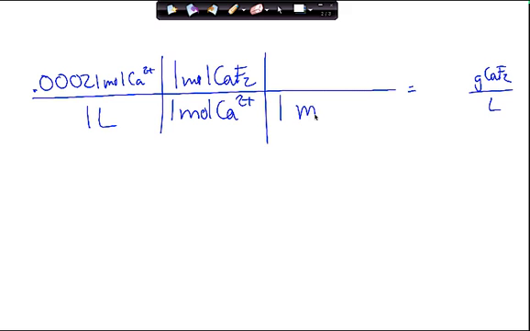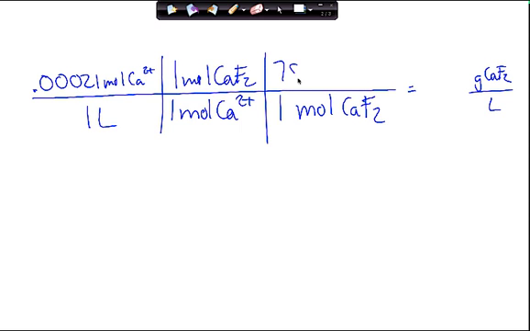Now, 1 mole of calcium fluoride weighs, is it 19 something? Yeah, so 19 times 2 plus about 40. Yep.